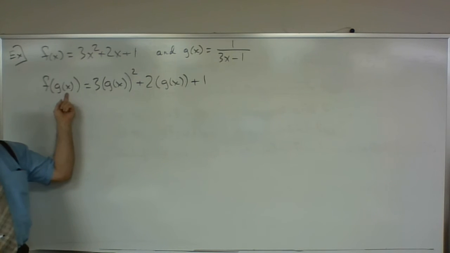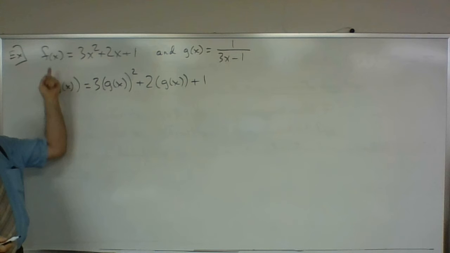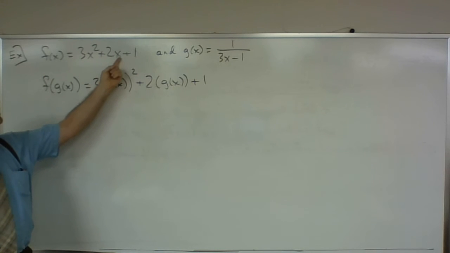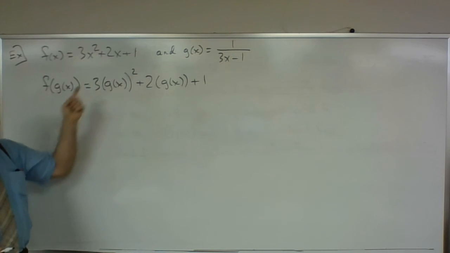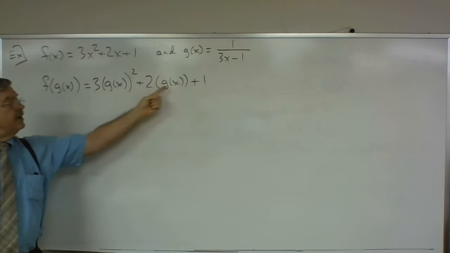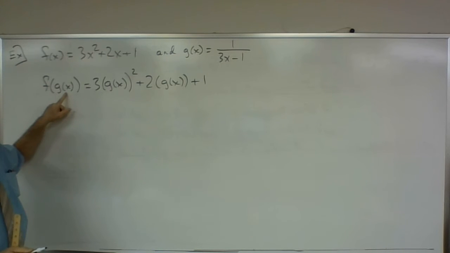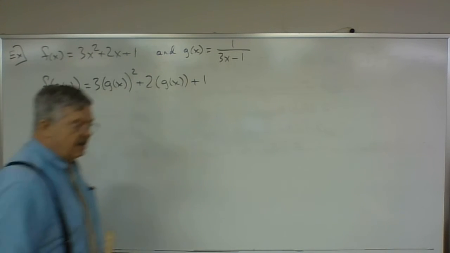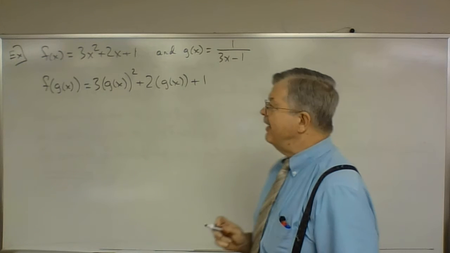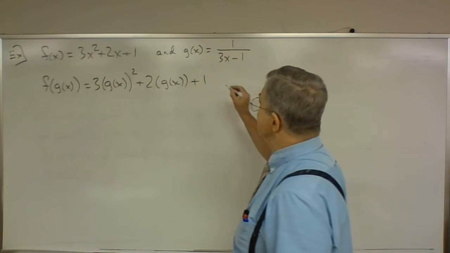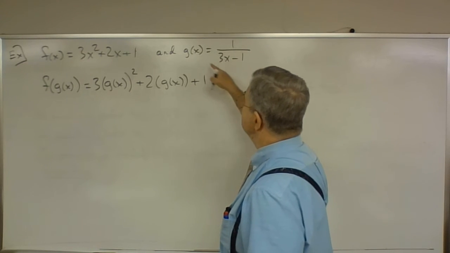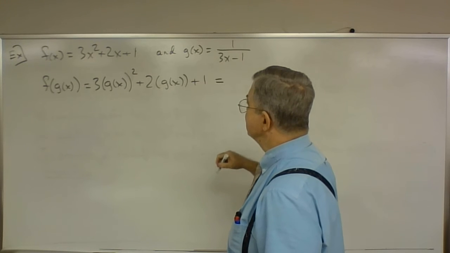There. You see, every place that we see an x up here in our model or our definition of f of x, we put g of x down here because this is f evaluated not at x, but at g of x. When we've taken it this far, now we can use the definition of g of x.